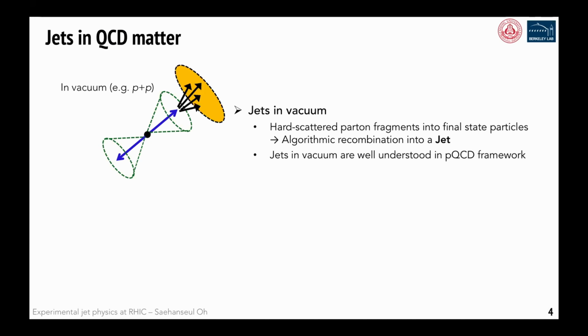And then once we algorithmically recombine those final state particles, that becomes a jet. And jets in vacuum are very well understood in the perturbative QCD framework. So the perturbative QCD calculation describes the experimental data very well.